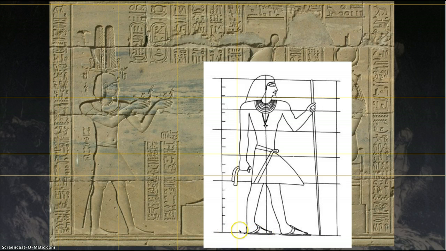So what they've done is created a person that above their knees, where the kilt is, is 1, 2, 3, 4, 5, 6 units high. Up to the waist area, 3 units. Another 3 to the bottom of the rib cage. Another 2.5, 3 is the shoulders. And another 2.5, 3 top of the head.